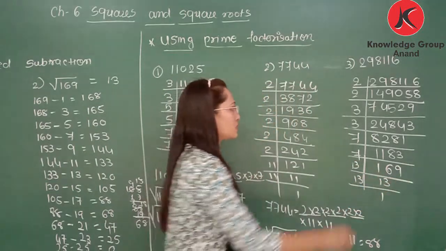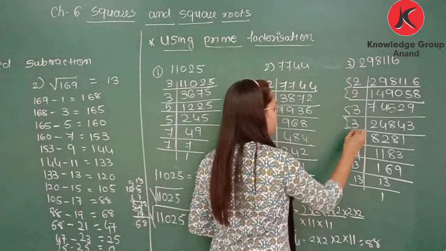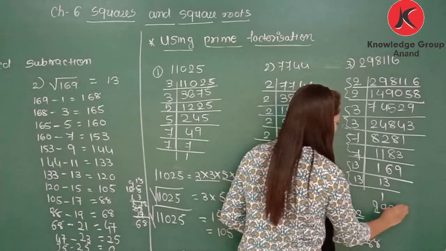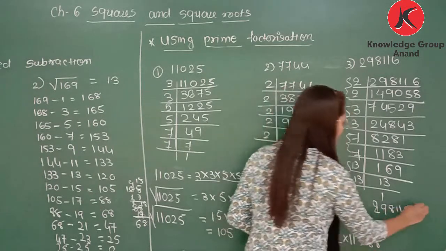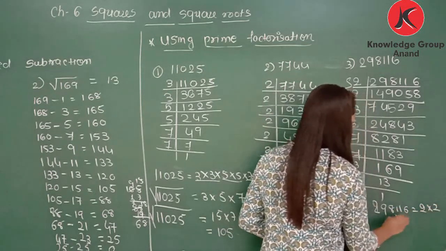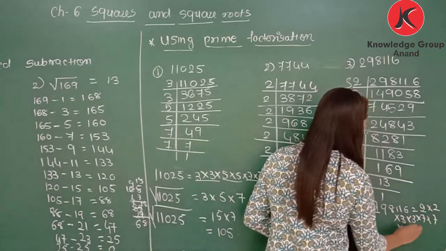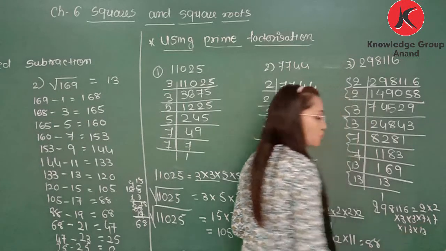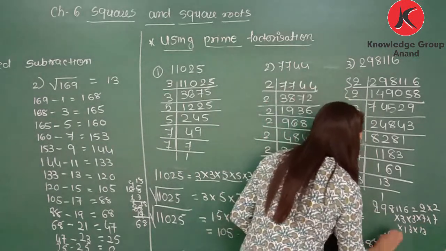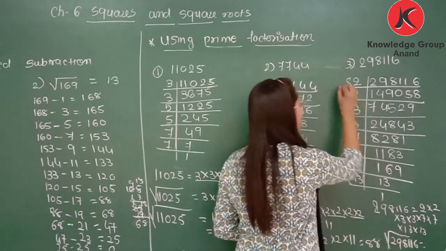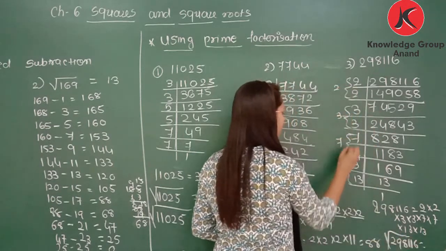Now what are the factors? You can see here 2, 3, 7 and 13. So 298,116 is equal to 2 multiply 2, 3 multiply 3, 7 multiply 7 and 13 multiply 13. So the square root of 298,116 will be given by 2, 3, 7 and 13.